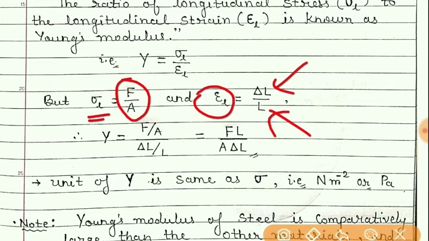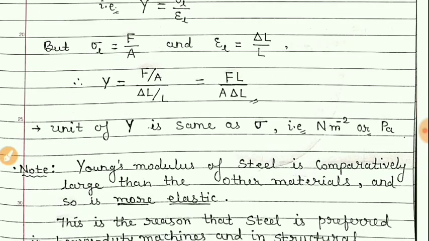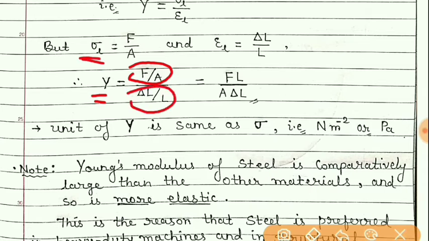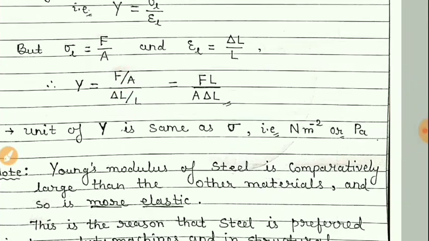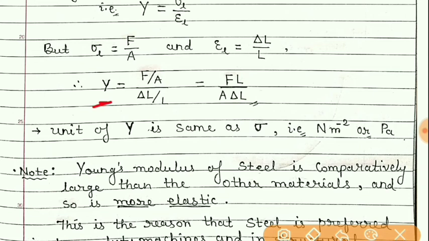So putting this sigma L and epsilon L from these equations, we get Y is equal to F by A upon delta L by L. And then simplifying, we get Y is equal to FL upon A delta L. After this step, we can easily get this step.